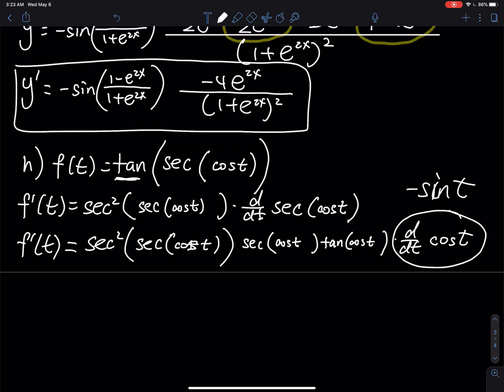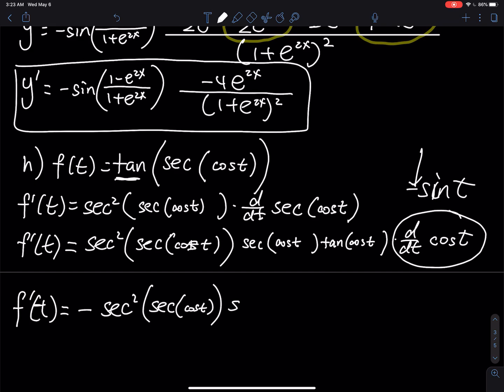So let's put the negative way up front, f prime of t. So that is negative secant square, and then secant of cosine, and then secant of cosine t times tangent cosine t, and then times sine t. So that is your final answer.